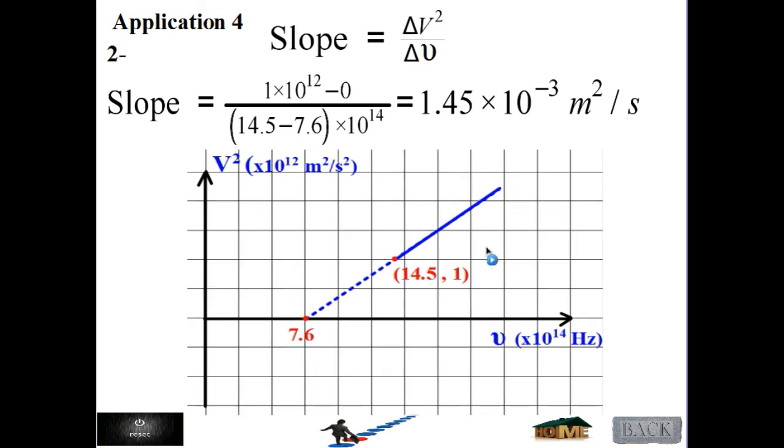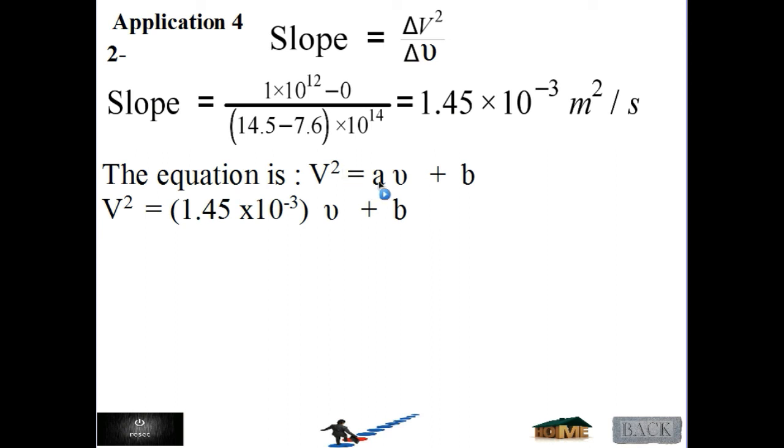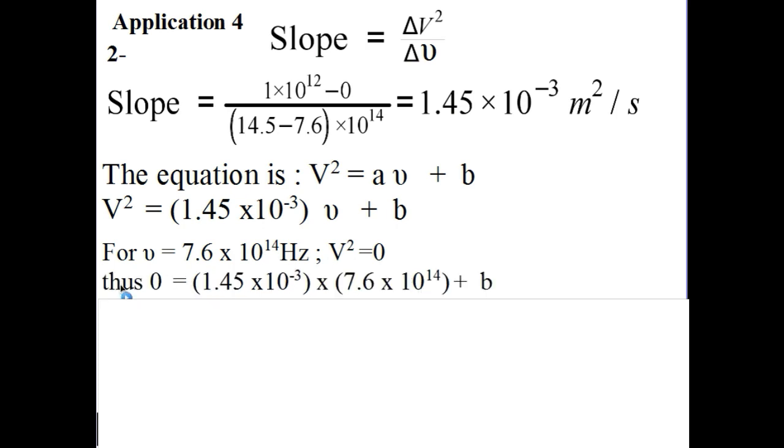And since the graph is a straight line, we can write the equation as v squared equals a nu plus b. a is the slope, 1.45 times 10 to the power minus 3, nu plus b. We can substitute the coordinates of one point to calculate b. So for nu is 7.6 times 10 to the power 14, v squared is 0. Thus 0 equals 1.45 times 10 to the power minus 3 times 7.6 times 10 to the power 14 plus b.